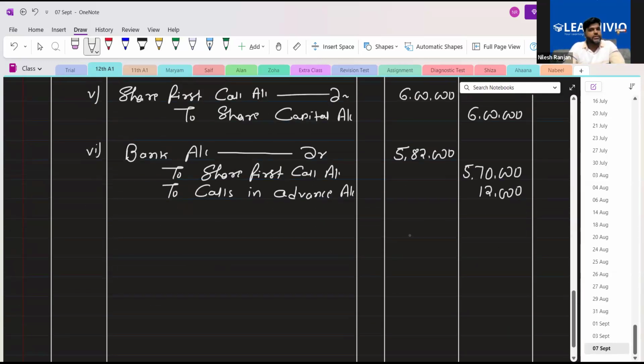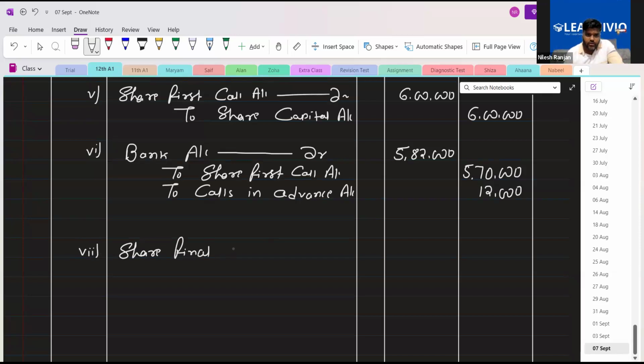Now, in the question, nothing is asked for the final call, because the final call is not asked by the company, but I'm solving it to explain the concept only. Again, in the final call, I will write share final call or share second and final call account debit to share capital.